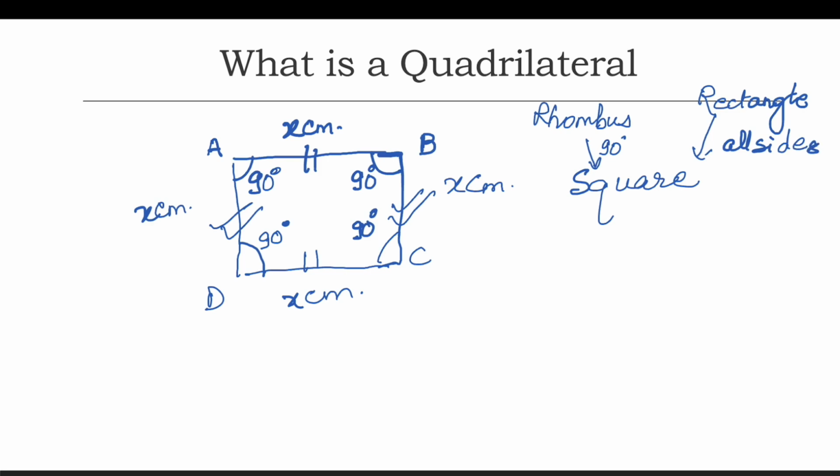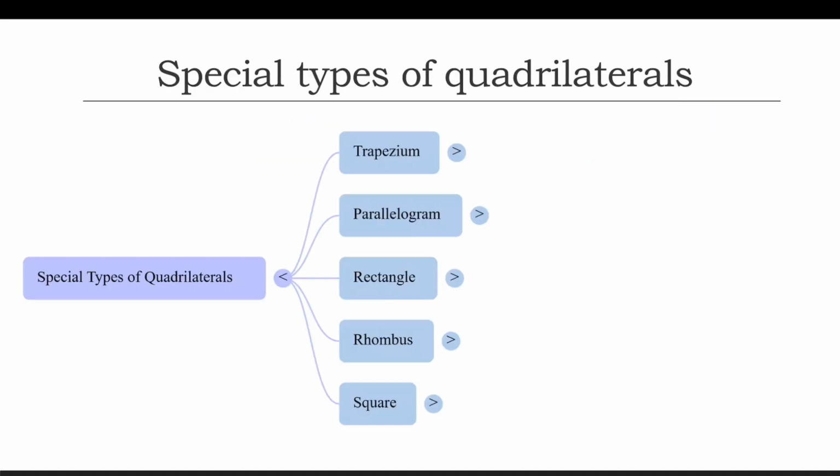In rectangle, opposite sides are equal. Only if all sides are equal, it becomes a square. So we saw three different types of special quadrilateral which come out of our parallelogram itself. So that's what we have seen.